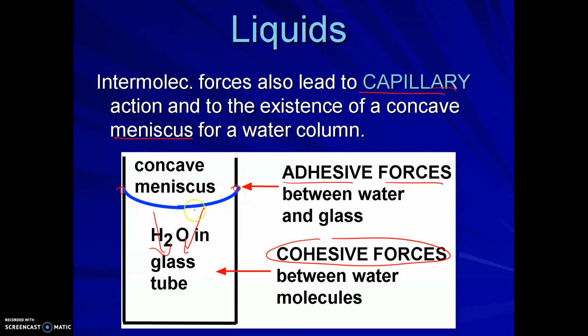And so that's why you end up getting this concave meniscus. When you have substances, for example, like mercury, which don't have very strong cohesive forces, you actually end up getting a convex meniscus because of the fact that the cohesive forces are much weaker than the adhesive forces.